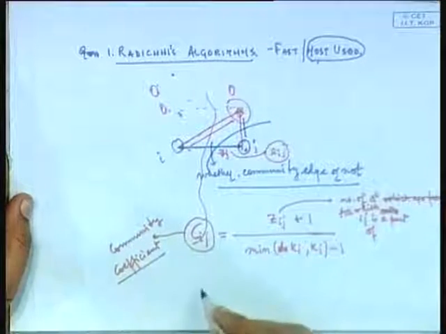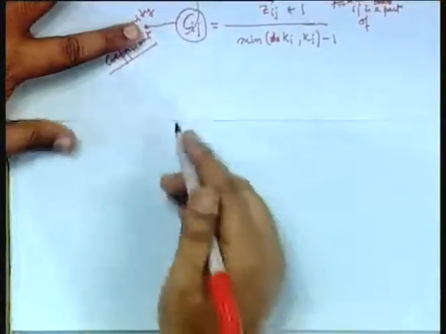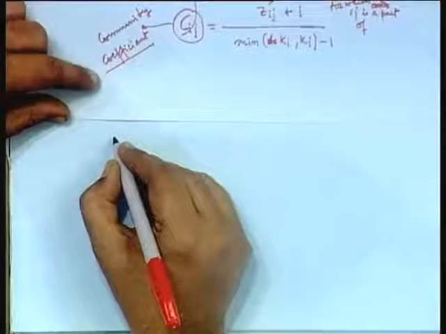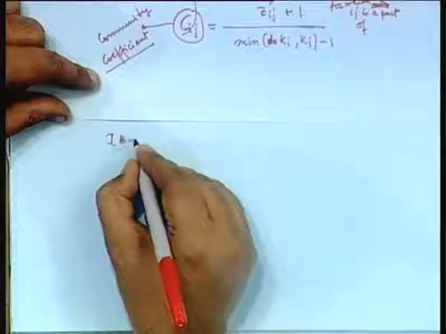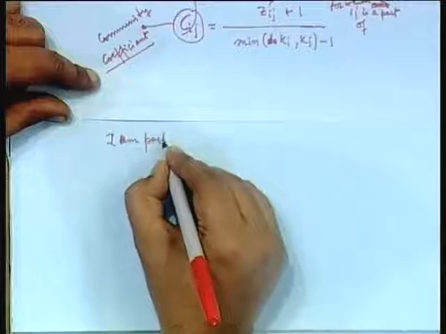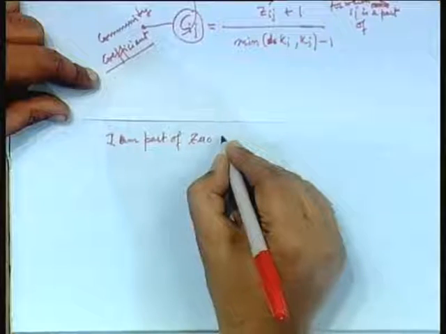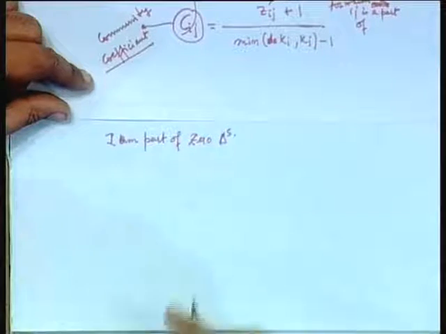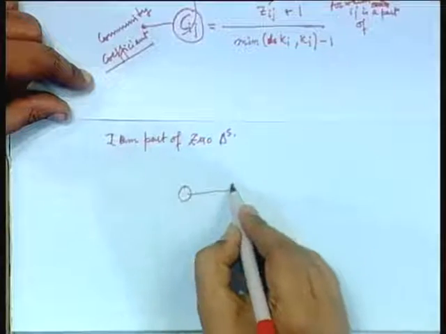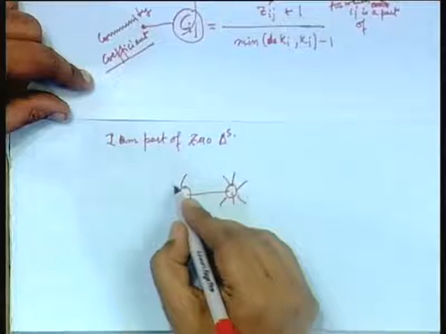Now, think: why have I added 1? That is the question. There can be situations where I am part of 0 triangles.